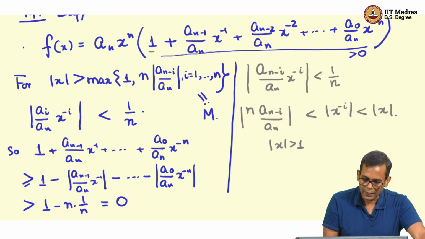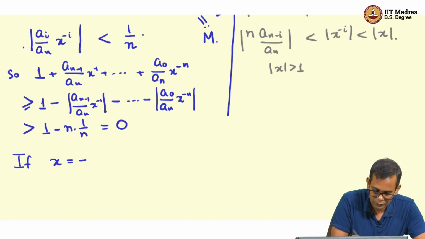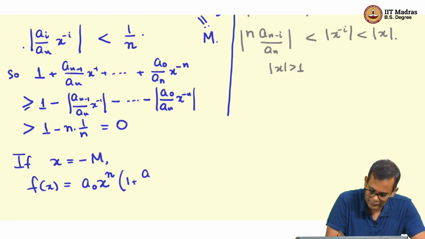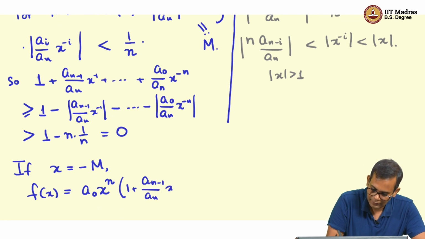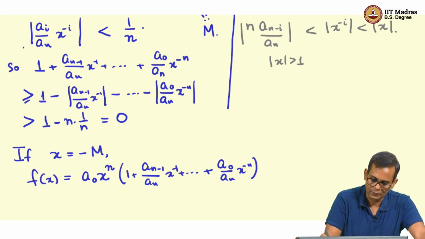So, now what we have is that if x is equal to minus m, then f of x is equal to a naught x to the n times (1 plus a n minus 1 by a n x inverse plus dot dot dot plus a 0 by a n x to the minus n).